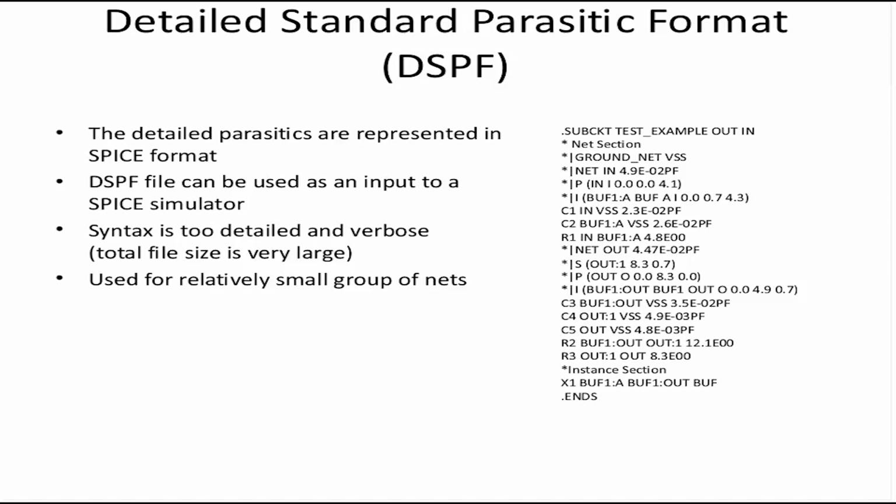For even a simple design, this file might run into GB or hundreds of MB, right? It is obviously too detailed because there is a lot of information here, and it is used only for very special cases where you want to do some SPICE analysis. SPICE analysis will be more accurate than PrimeTime or any other static timing analysis tool. Again, it takes so much more time, right?